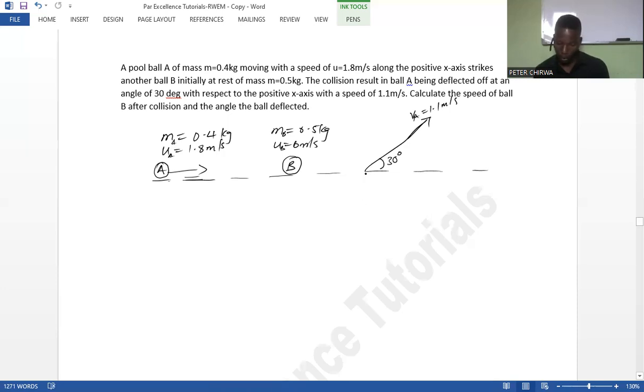We're going to take it to say maybe it has gone in this direction, and we have the angle theta there, which we don't know, and also the final velocity, which we also don't know. So what we do first is to resolve these velocities, because we can see that they are in two dimensions now.